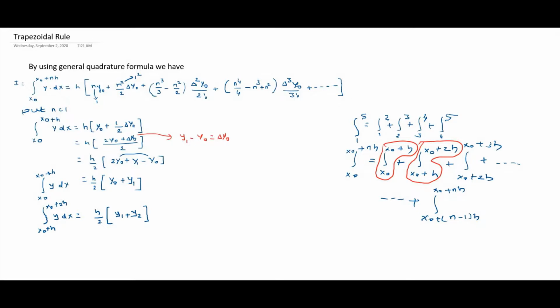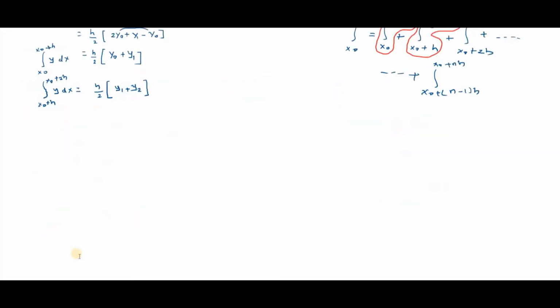Next, the third value: integration from x0 plus 2h to x0 plus 3h of y dx, and this is equal to, directly we can write it as, h divided by 2 into bracket.